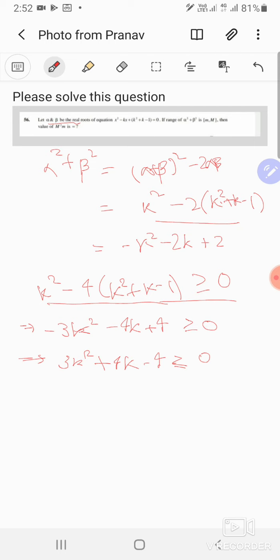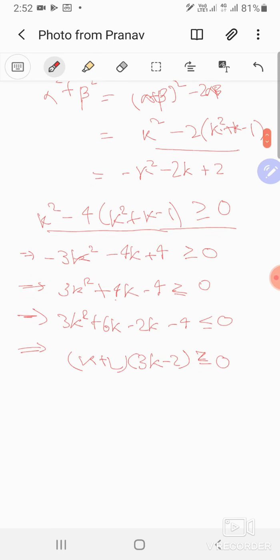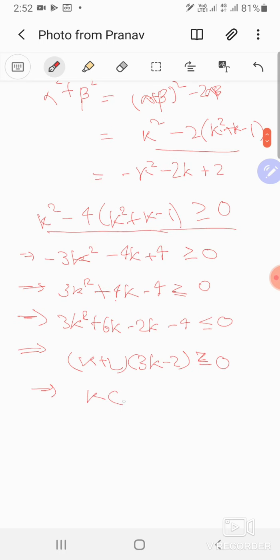Can this be factorized? Yes, into 6 and 2. That gives me 3k squared plus 6k minus 2k minus 4 less than or equal to 0. That means (k plus 2)(3k minus 2) has to be less than or equal to 0. So k has to belong in [minus 2, 2 by 3].